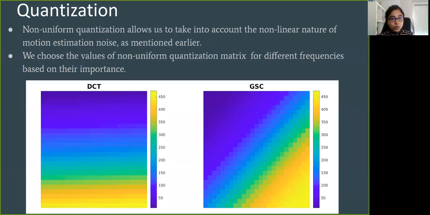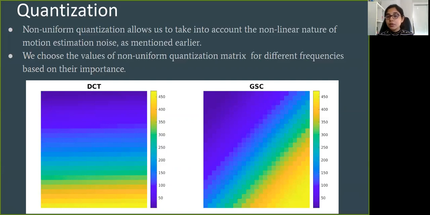In terms of quantization, we tried both uniform and non-uniform quantization. The energy of the human motion signal lies in the lowest frequency.